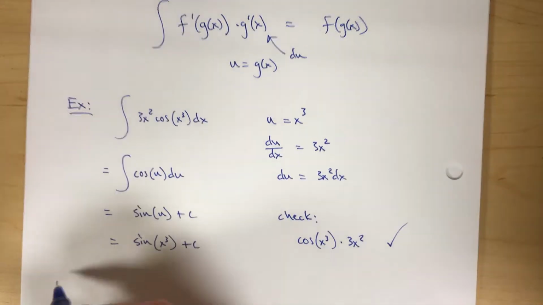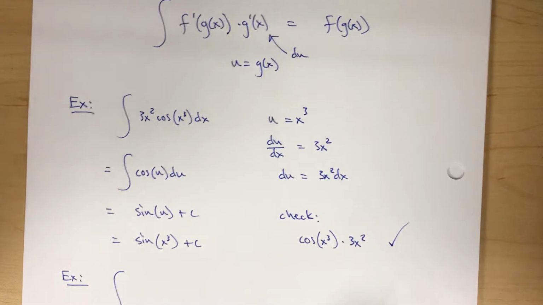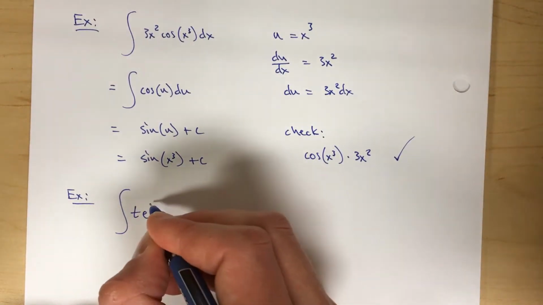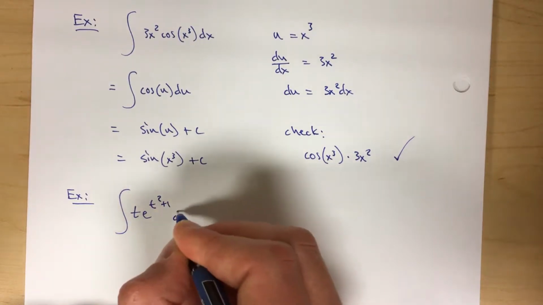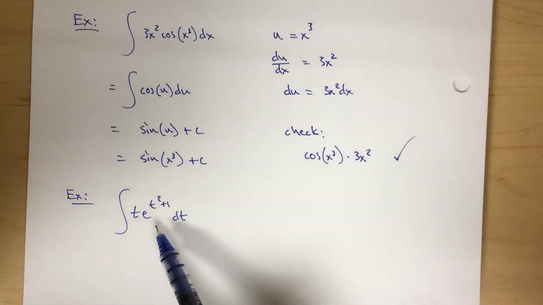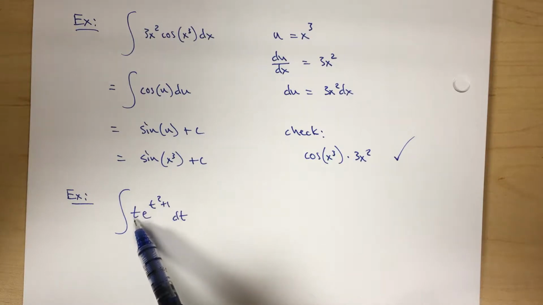So that's fine. Let's try another example. Say we take the integral of t e to the t squared plus 1 dt. Again, I'm not really sure how to anti-differentiate this immediately, except that I see t squared plus 1, and I know the derivative of that is 2t, which is a multiple of t.